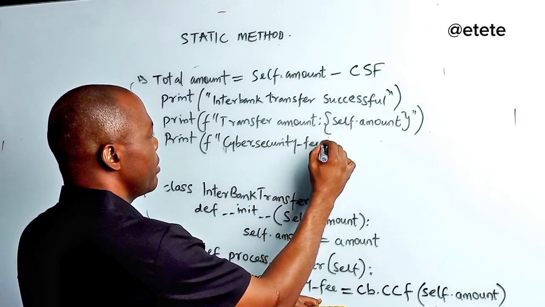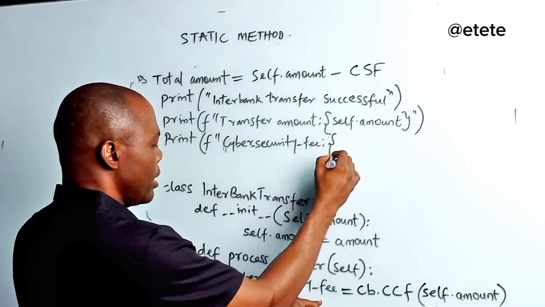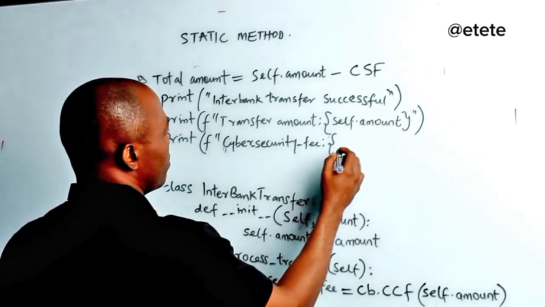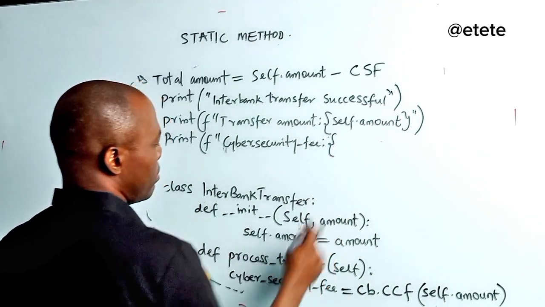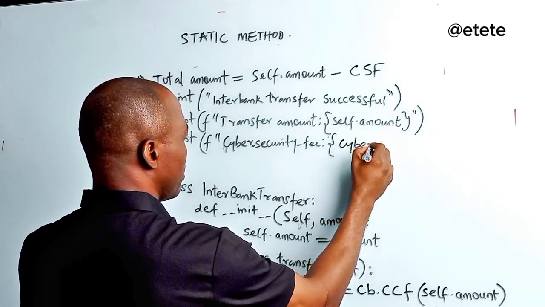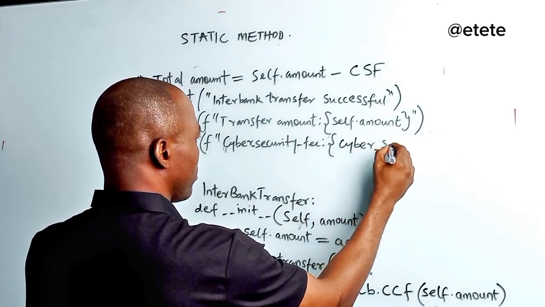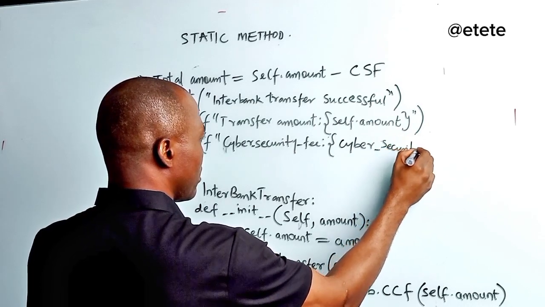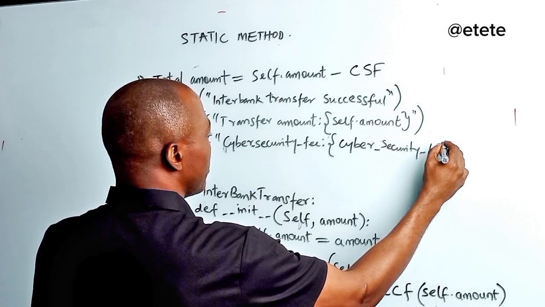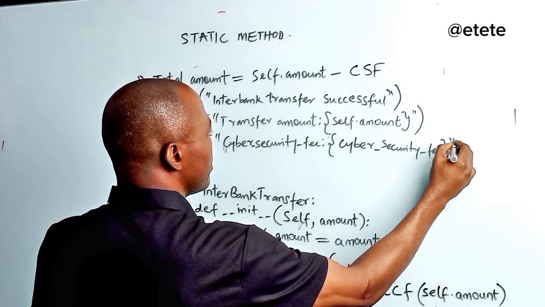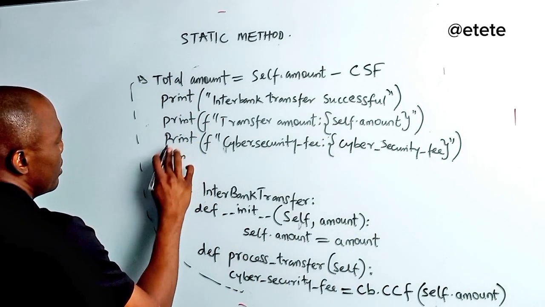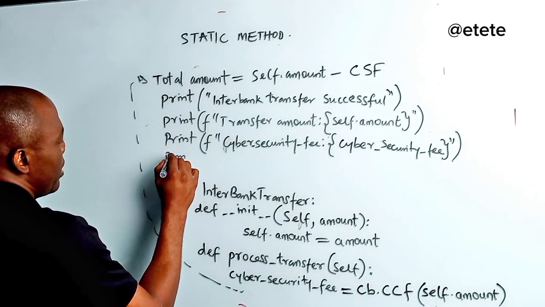Then this one will give me this again. So I'll bring this in: cyber_security_fee, right? I'll do this, then I'll close this. Then here I will say print. No, this is small letter.